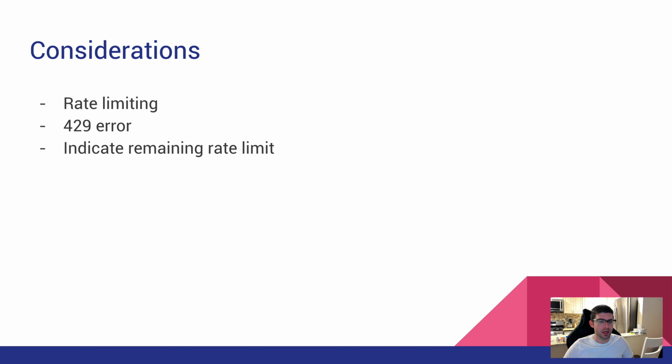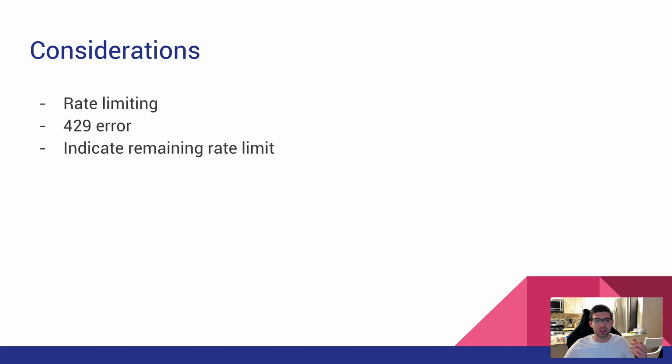So let's say that we have this API, and I guarantee you've come across this even if you didn't realize it: most services, not just APIs, will have a limit on how many times per second you can make a request.